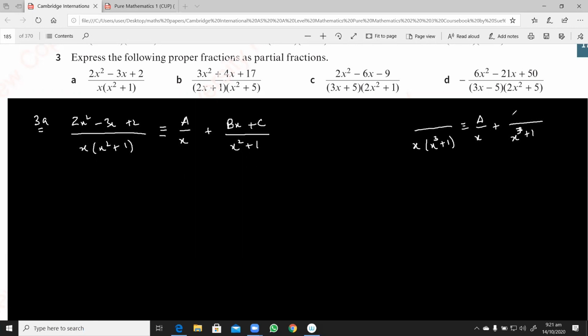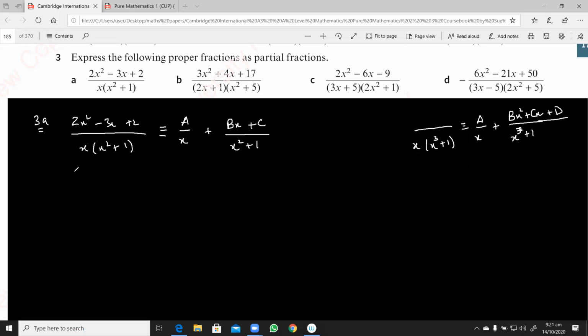Yes, that will be bx square plus cx plus d. Because your denominator is cubic, so the numerator has to be quadratic. But luckily, we don't have such questions in our syllabus where these factors go up to the cube, okay? We have questions up to this x square only.